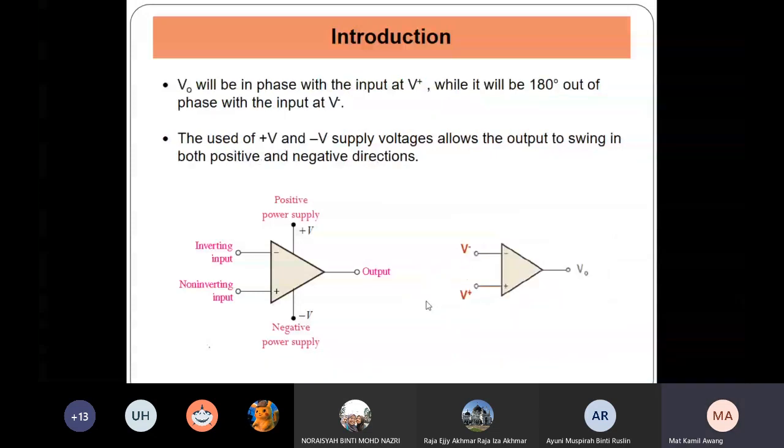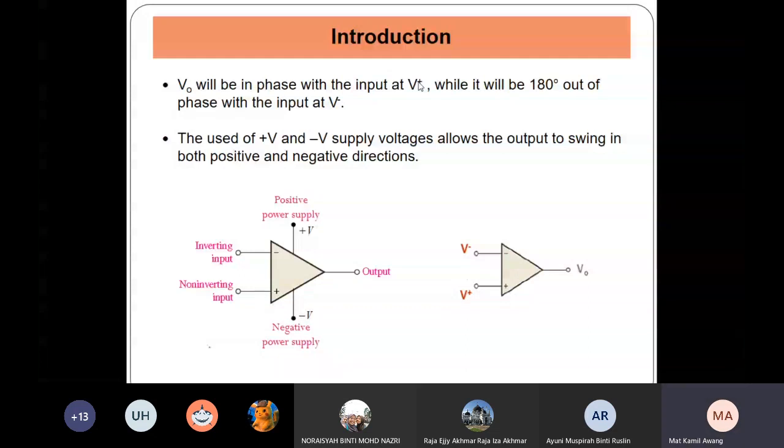V out will be in phase with the input at V plus. So basically this output is in phase with the non-inverting input. If the input is positive, the output is positive. If the input is negative, then the output is negative. So it will always be in phase.